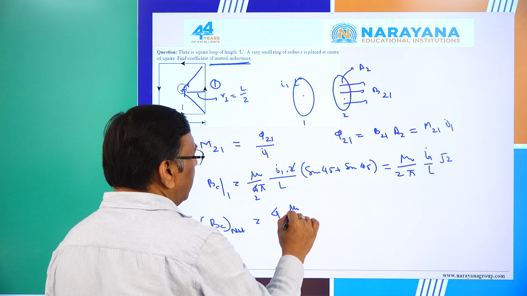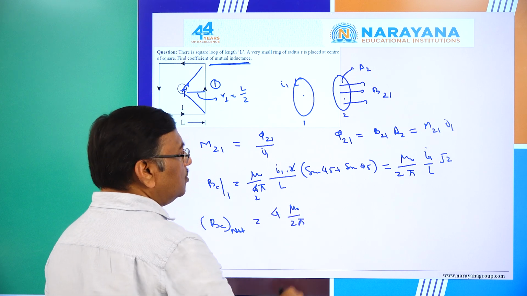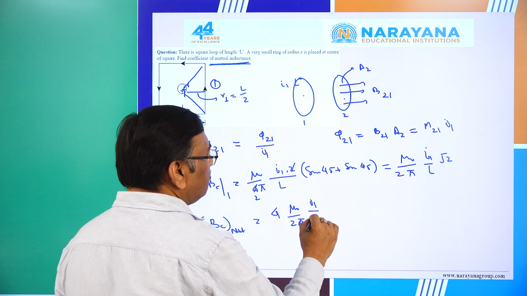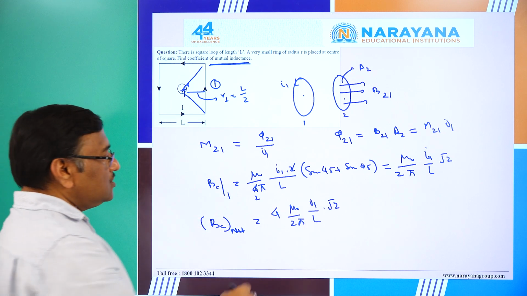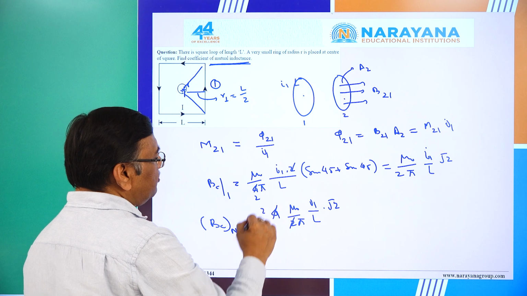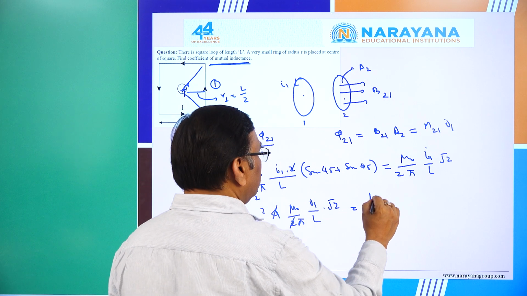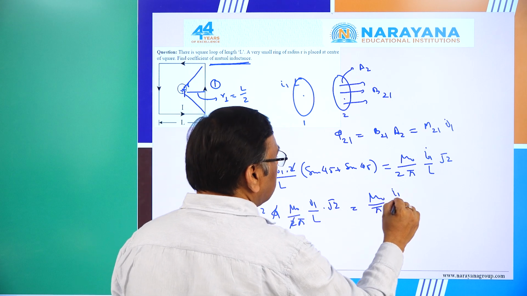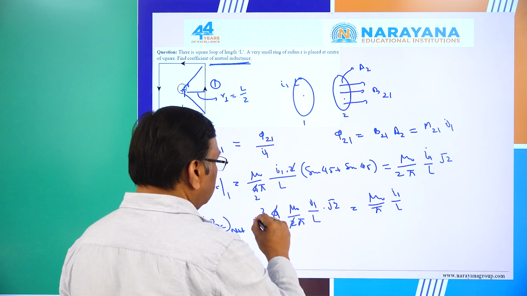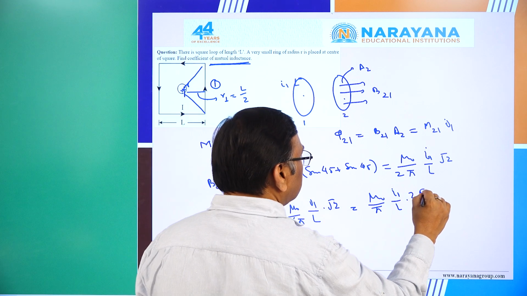So I write 4 times mu 0 upon 2 pi into I1 upon L into root 2, isn't it? So if you want to simplify it further, we can say it is going to be mu naught divided by pi into I1 divided by L into 2 root 2.